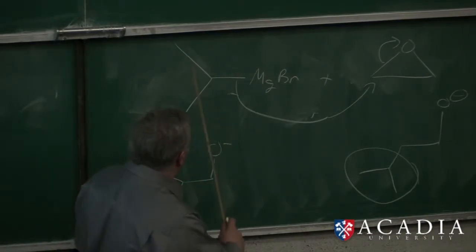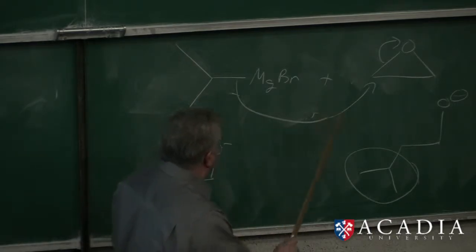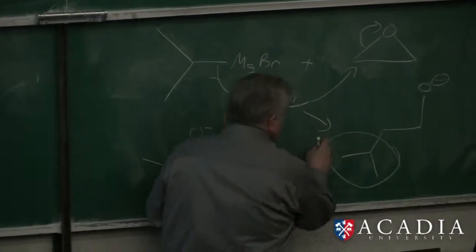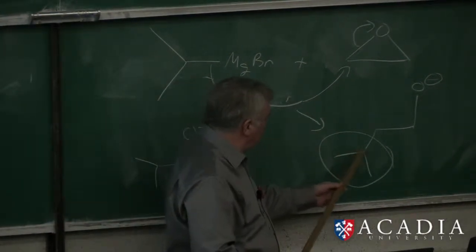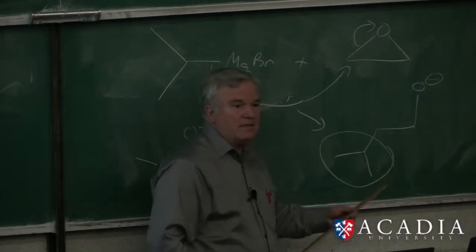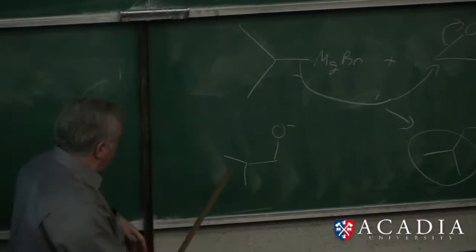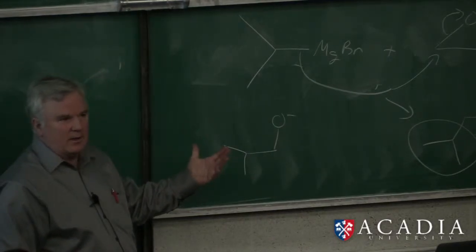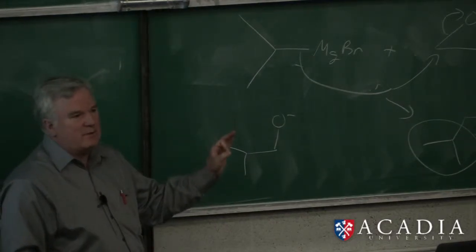If you count carbons, 1, 2, 3, 4, 5, I have 5 carbons in my starting material. I need to have 1, 2, 3, 4, 5 carbons in my product. In this case, I have 1, 2, 3, 4. I've lost a carbon. So count your carbons. It's a very simple check.